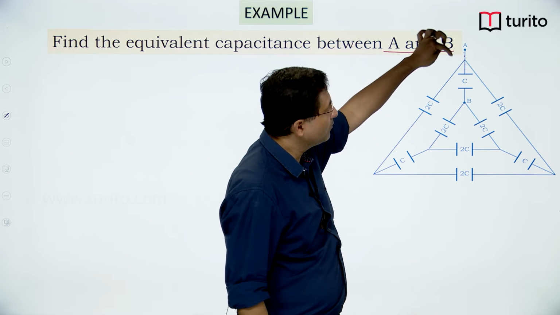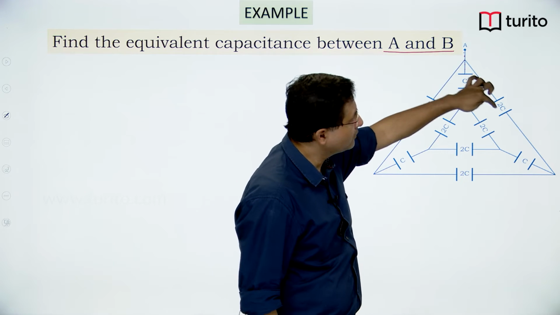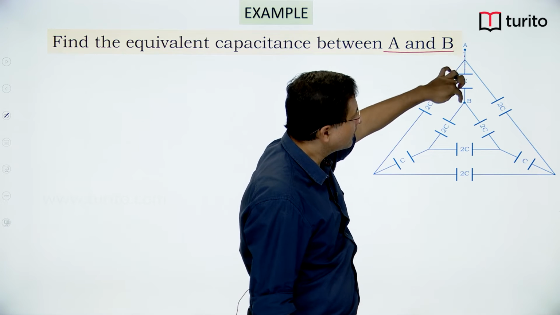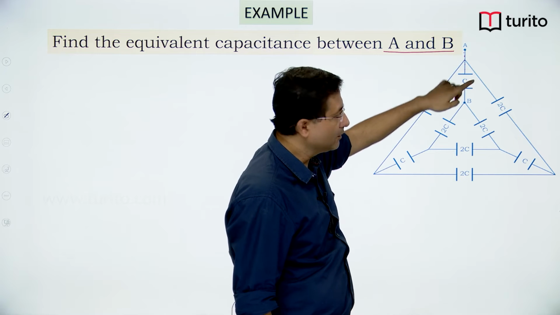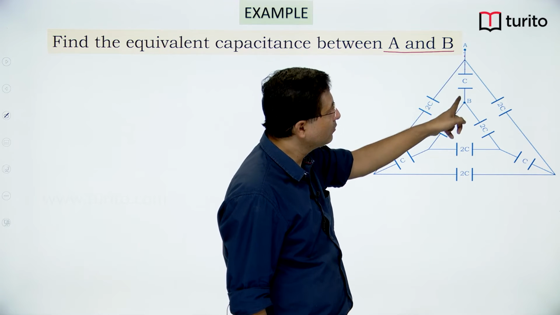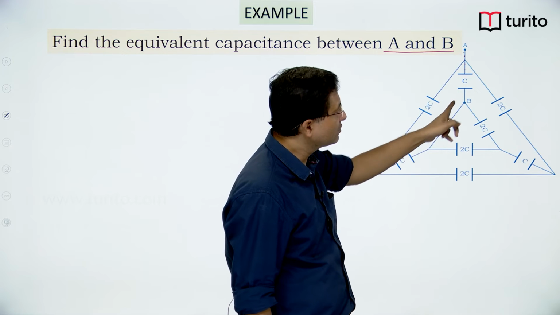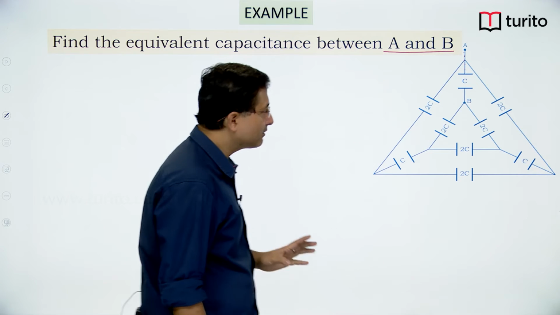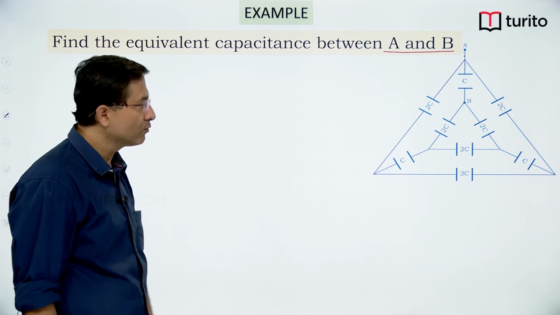When you try to enter from A, then you are seeing 2C this way and C which is directly going to output. When you try to enter from B, then you are seeing this C going directly to A, and this side 2C and this side 2C. So this circuit is having input output symmetry as well as folding symmetry.